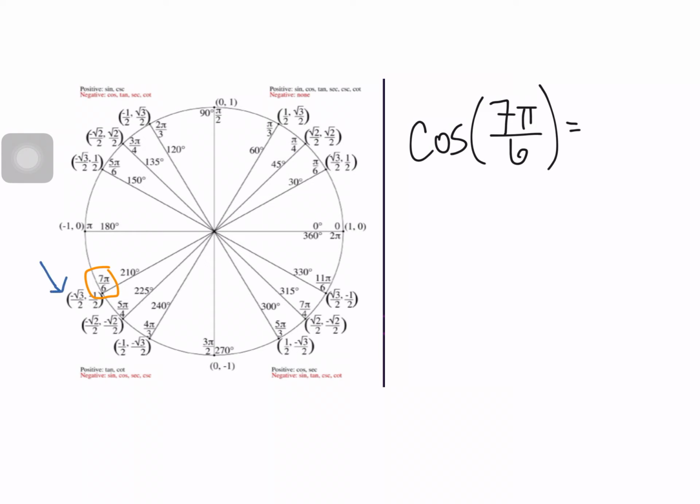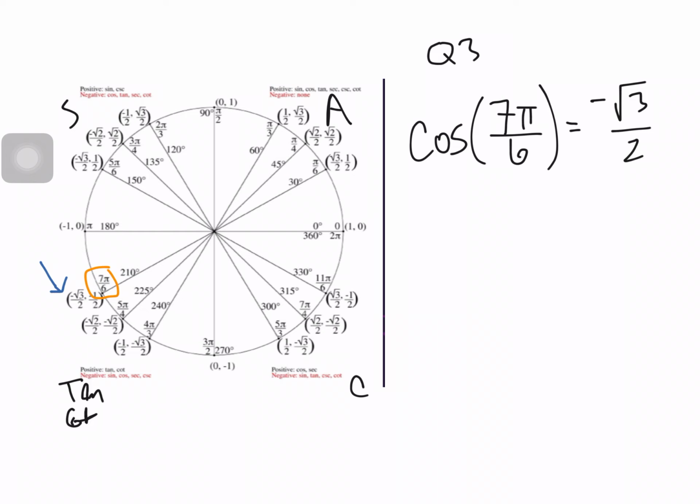Let's do another example. Tell me the cosine of 7 pi over 6. Well, same sort of idea here. This time, this problem means find the x value, because I know cosine matches with x. So I look at my unit circle. I find 7 pi over 6.